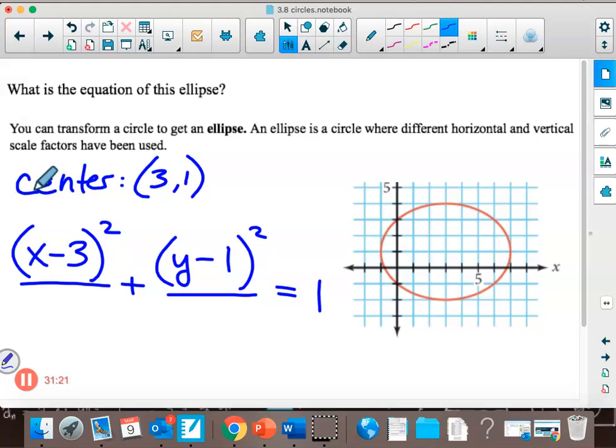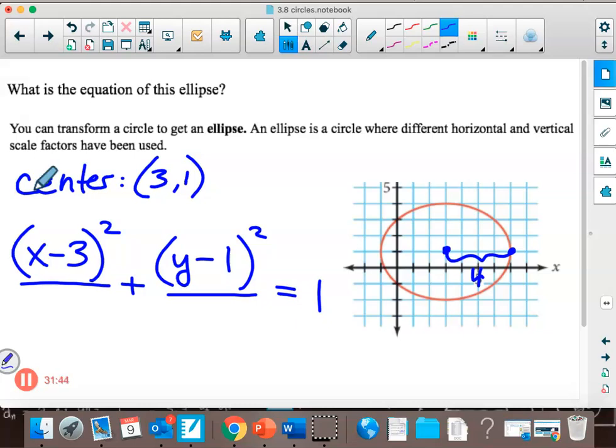All right. So now we've got to figure out what numbers go under here. So we look at the stretch horizontally from the center to the edge. How far is that? That's 4, right? So what do I put under here?